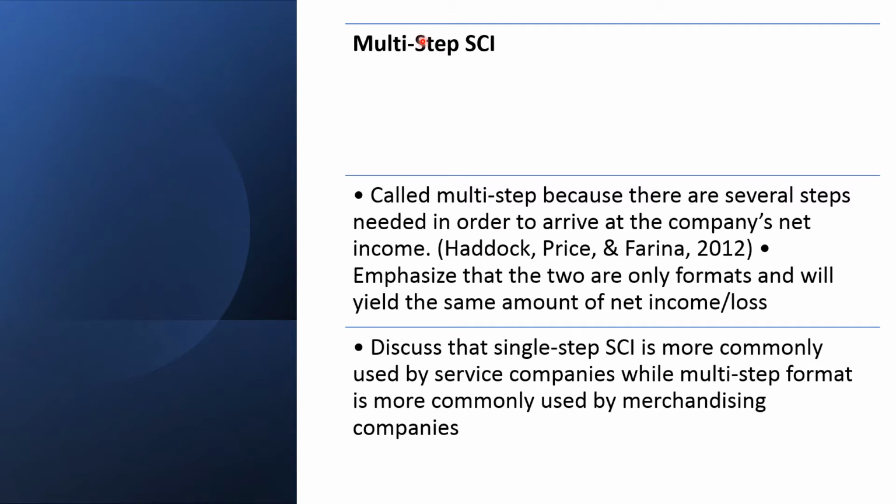A multi-step SCI is called multi-step because there are several steps needed to arrive at the company's net income. Also, the difference from the single-step SCI is that the single-step is more commonly used by service companies, while the multi-step format is more commonly used by merchandising companies.